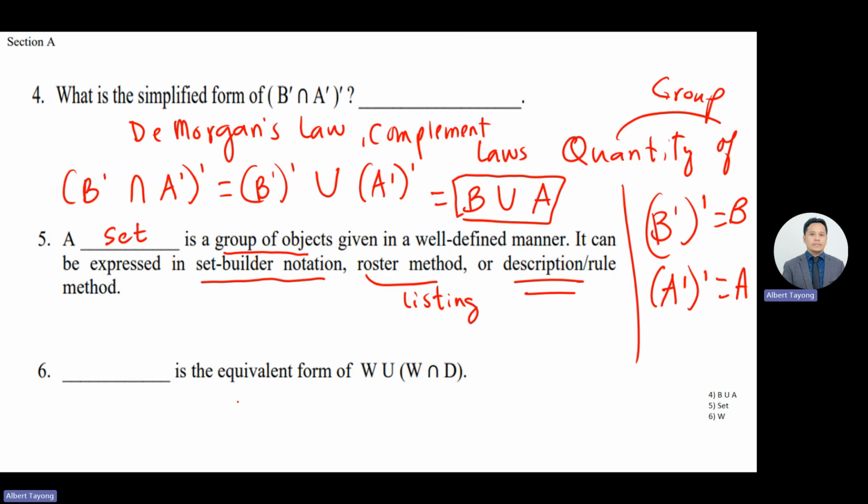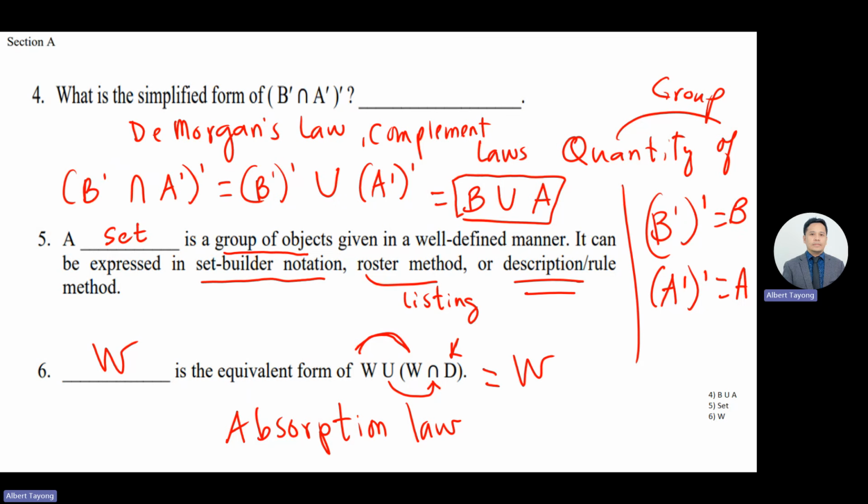Number 6 is using absorption law. The answer here is W. If we have a set outside, repeated inside, and the operation is reversed, it's going to be absorbed by the first set.